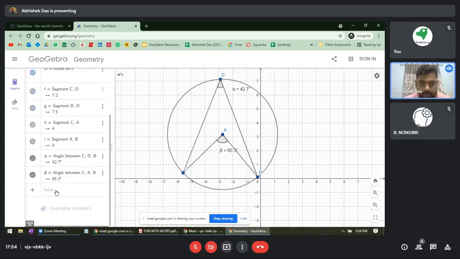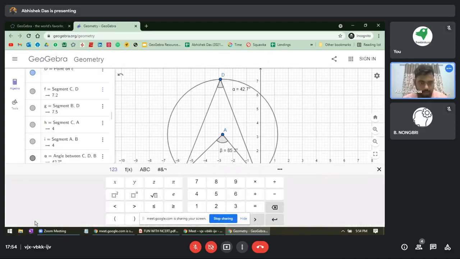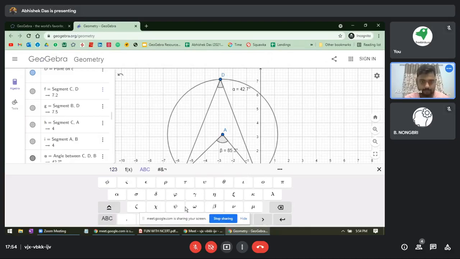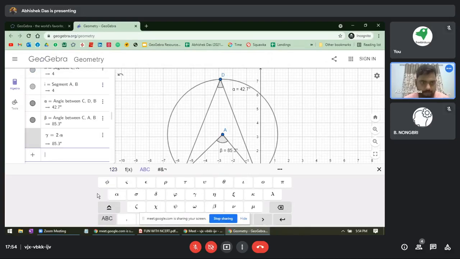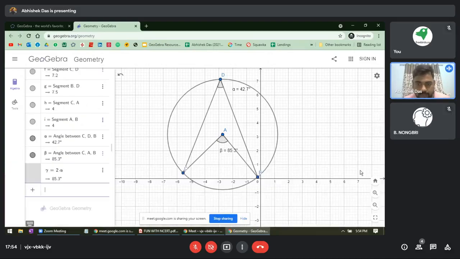Now we have to check what is the value of 2 times alpha. So let's just multiply 2 with alpha. As you can see out here, 2 times alpha is equal to 85.3. Right? And it is equal to the angle which is subtended by this arc CB at the center.